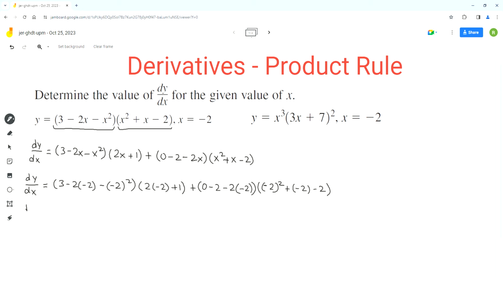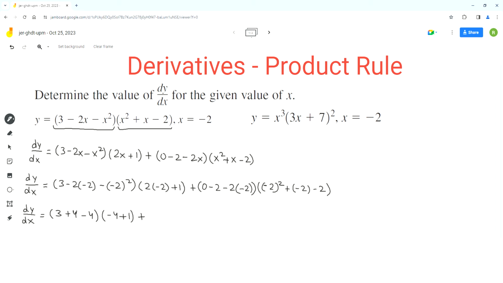Now we can simplify this expression. So dy over dx equals, in the first parentheses, we get 3, and then negative 2 times negative 2 will become positive 4. Now the square of negative 2 is positive 4, so we get minus 4. And then times, 2 times negative 2 is negative 4 plus 1.